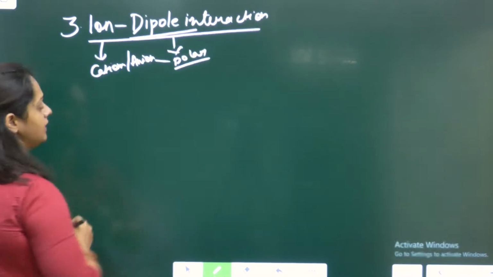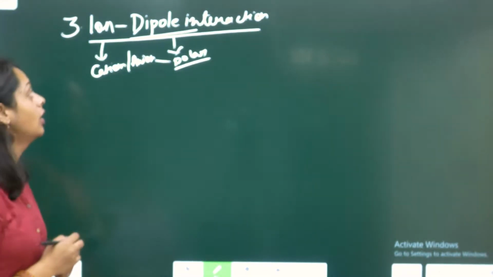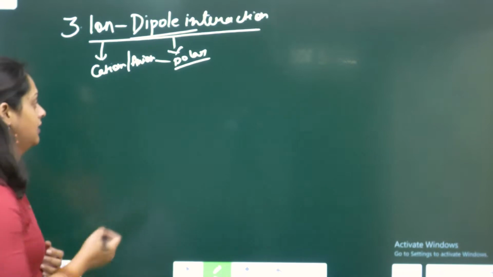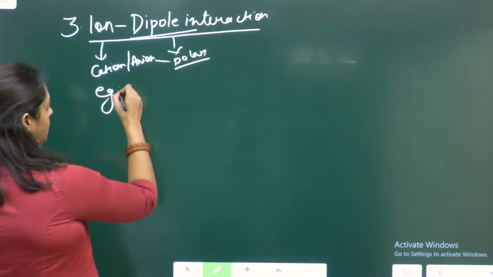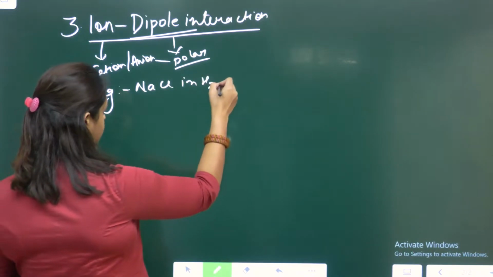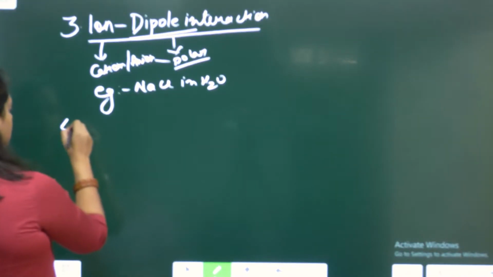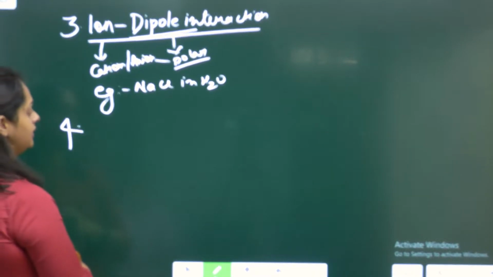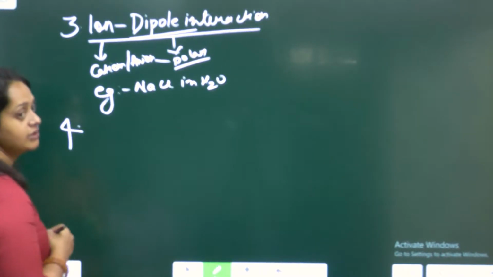This type of interaction is referred to as ion dipole interaction. Example could be NaCl in water. Clear?